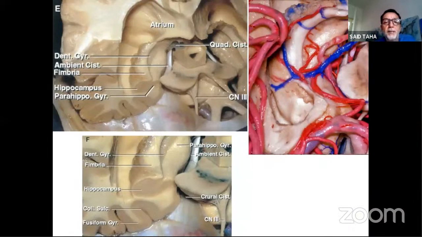Here again, the parahippocampal gyrus with the atrium, and this parahippocampal gyrus separates the atrium from the middle incisural space.